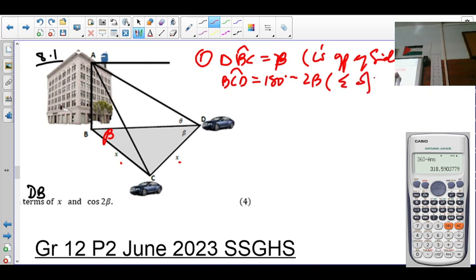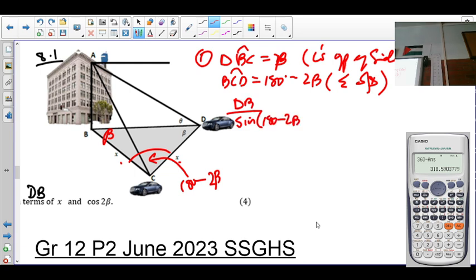Why? Sum of angles in a triangle. Now the sine rule: BD over sine of 180 minus 2 beta is equal to x over sine of beta. Any one of those two.